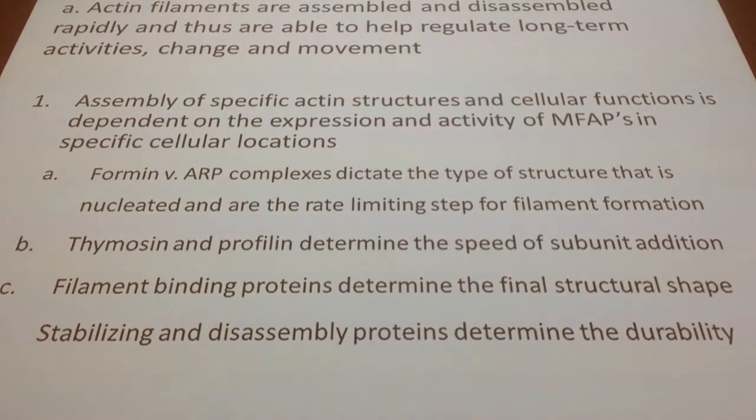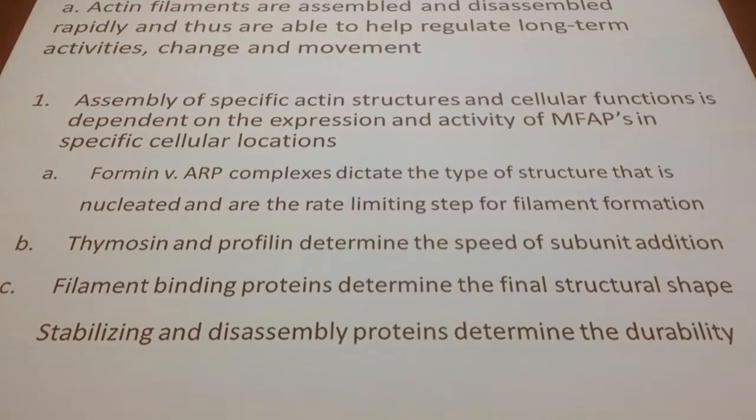So if you have an existing microfilament like this, then nucleation can occur going off at 70 degrees or 90 degrees from this. So think of the gel-like structure of bundling going back. In order to have the gel-like structure, ARP is used, not formin. Right?